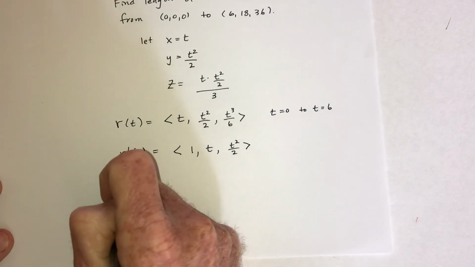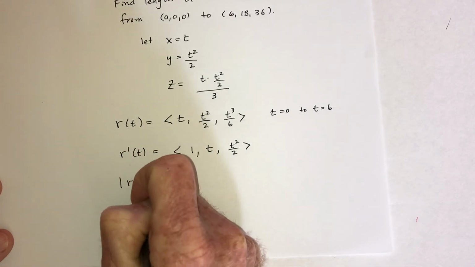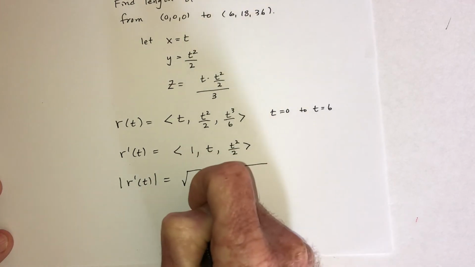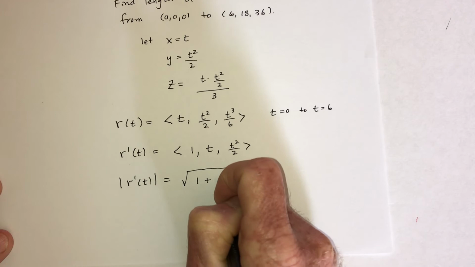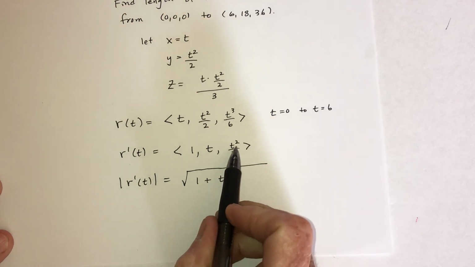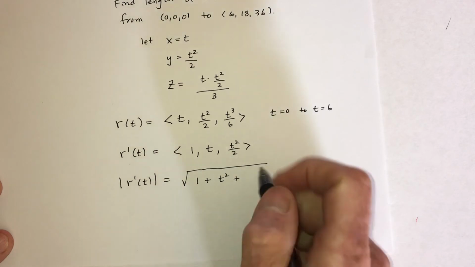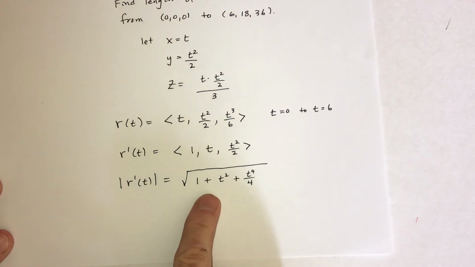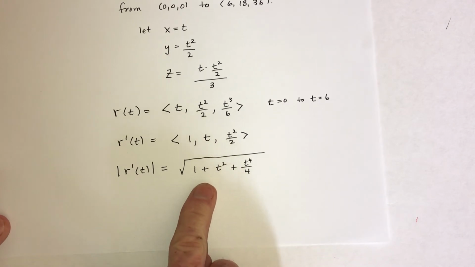And then find the length of that vector. So that's going to be the square root of 1 squared plus t squared plus, when you square this, it's going to be t to the 4th over 4. So that's the thing that we're going to get to integrate.